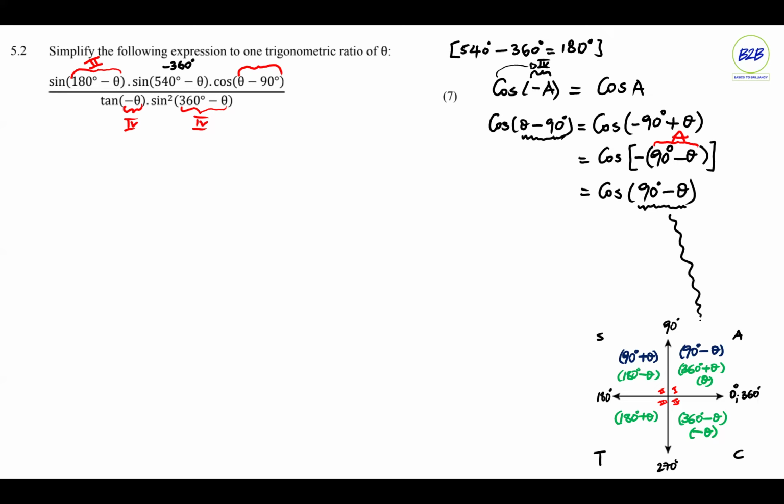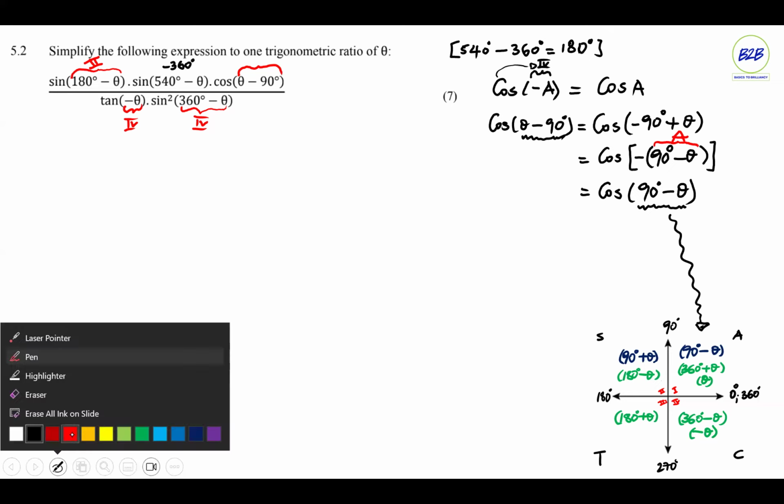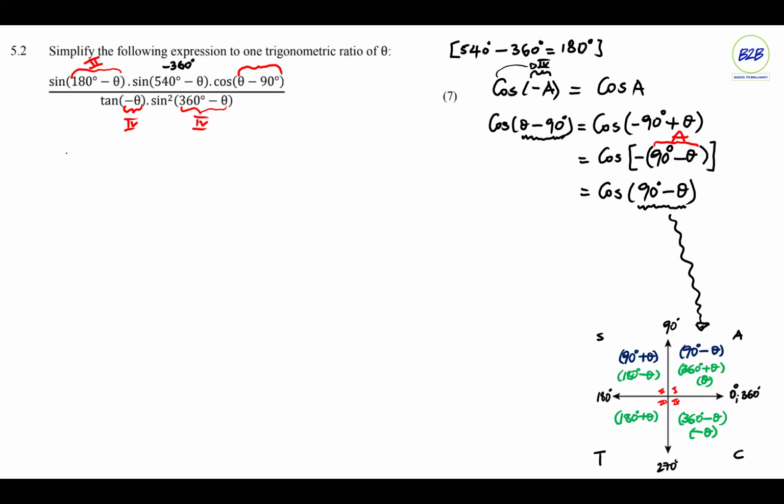So that 90 degrees minus theta now, it's something that we are familiar with, which is the reduction formula in the first quadrant. All right. So that is how it goes. So we know now how to deal with each and every reduction formula in that expression. Therefore, we can start solving.